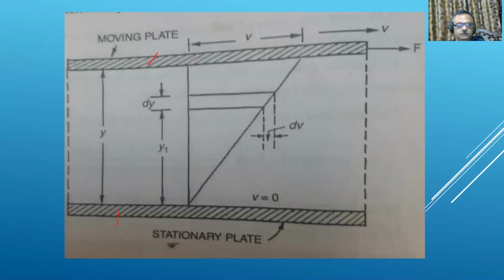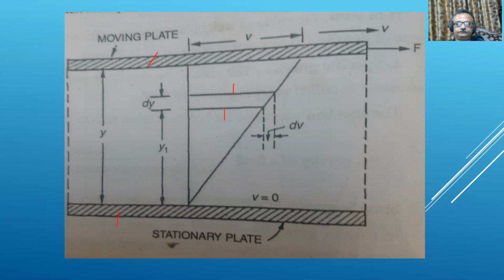Okay, students, now the distance between the two plates is y. Now, students, there are two layers of fluids. This one is upper layer and this one is lower layer. Okay, students, and the movement of two layers is to be studied from this distance to this distance apart.